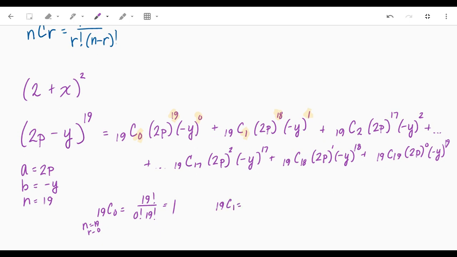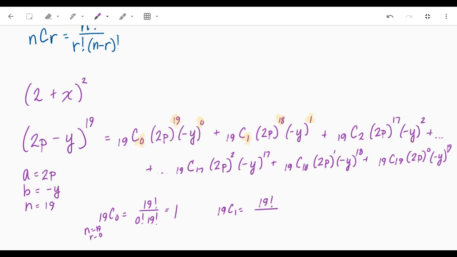19 choose 1 would be 19 factorial over 1 factorial times 19 minus 1 factorial, so 18 factorial.